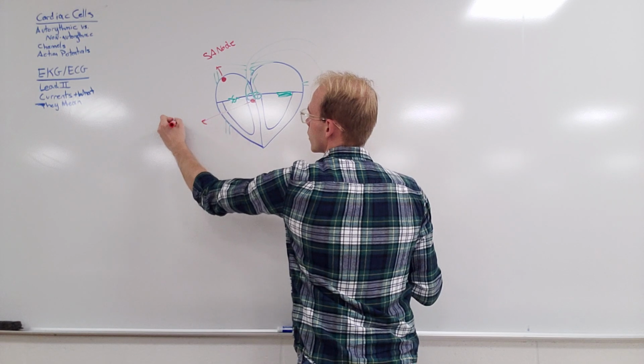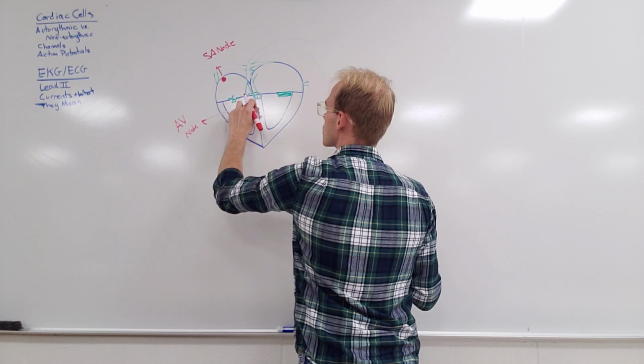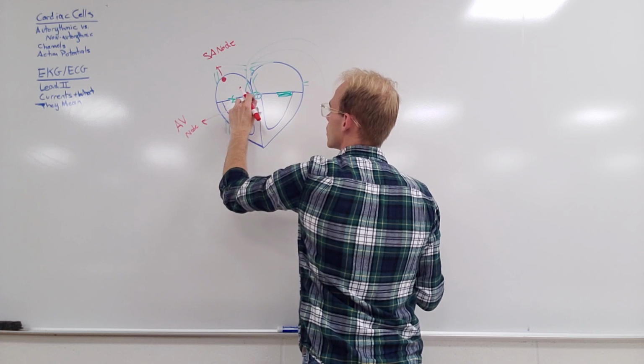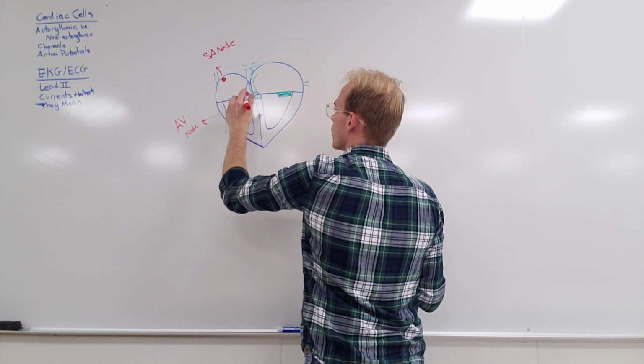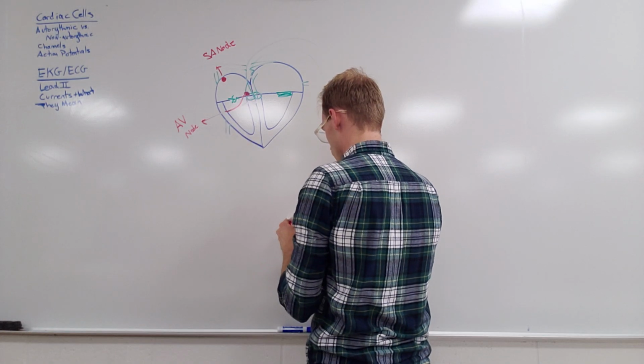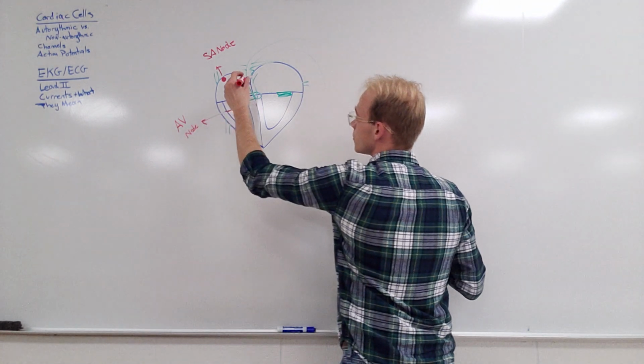That is your AV node, actually. If I remember correctly, it's like right here. Yeah. I will correct myself later in the description of said video where the AV node actually is. This is the AV node.